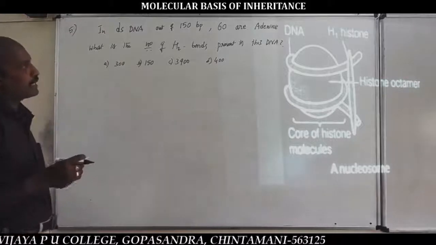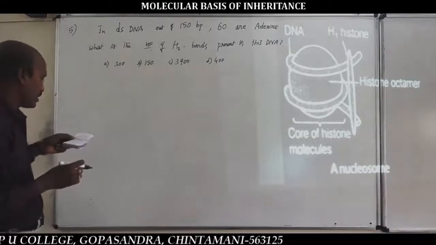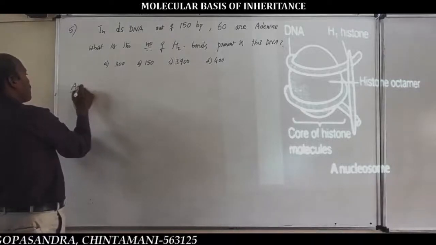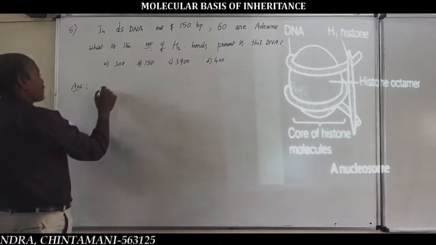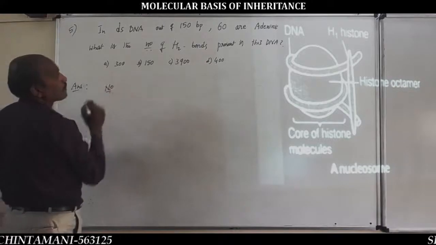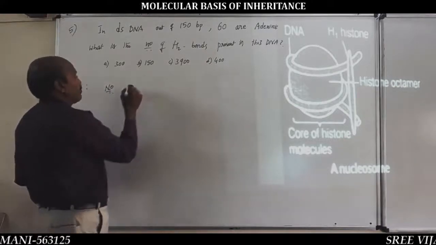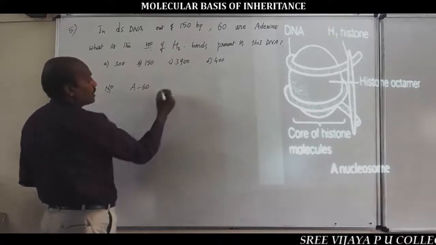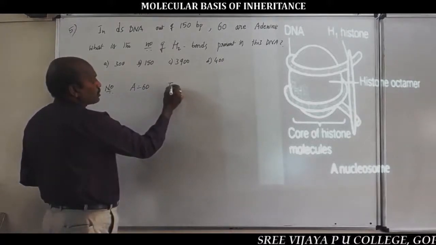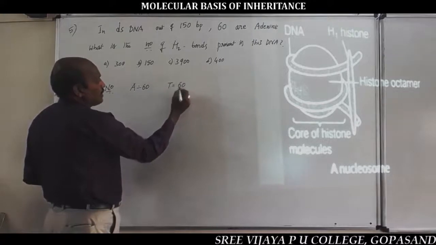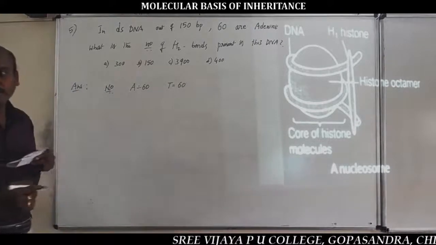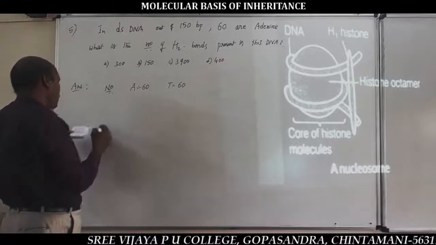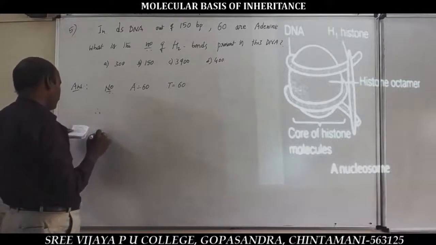The method of solution for this kind of question: the number of adenine, A, equals 60. Whenever adenine equals 60, thymine is also 60, because A pairs with T and T pairs with A.